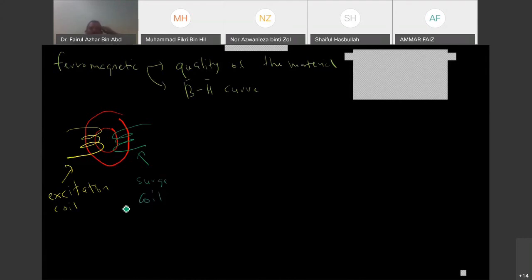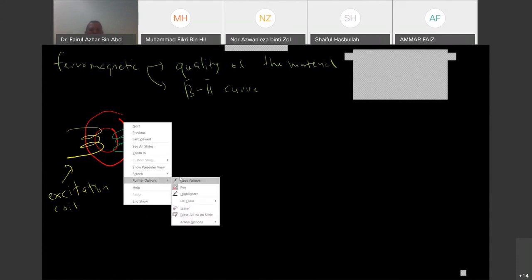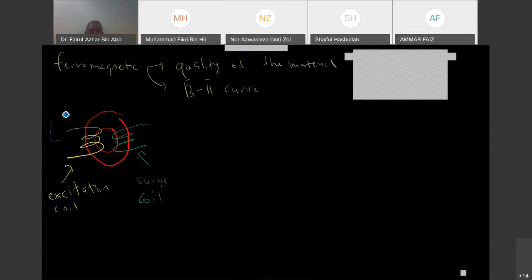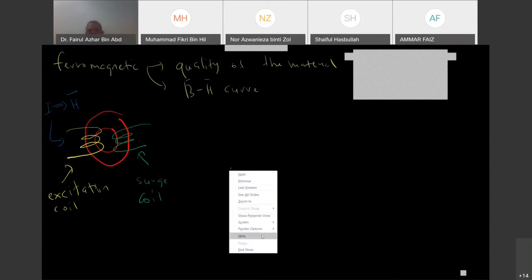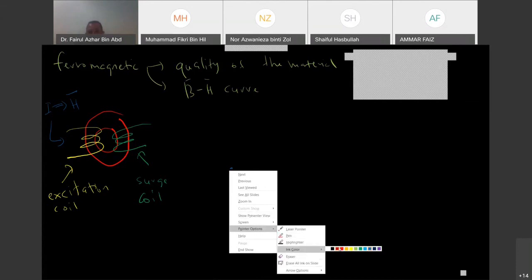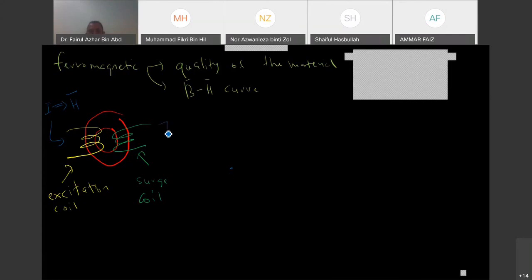Inside the excitation coil, we will inject some value of current, and this current will be converted into the value of magnetic field intensity, the vector H. At the same time, we measure the voltage across our search coil.